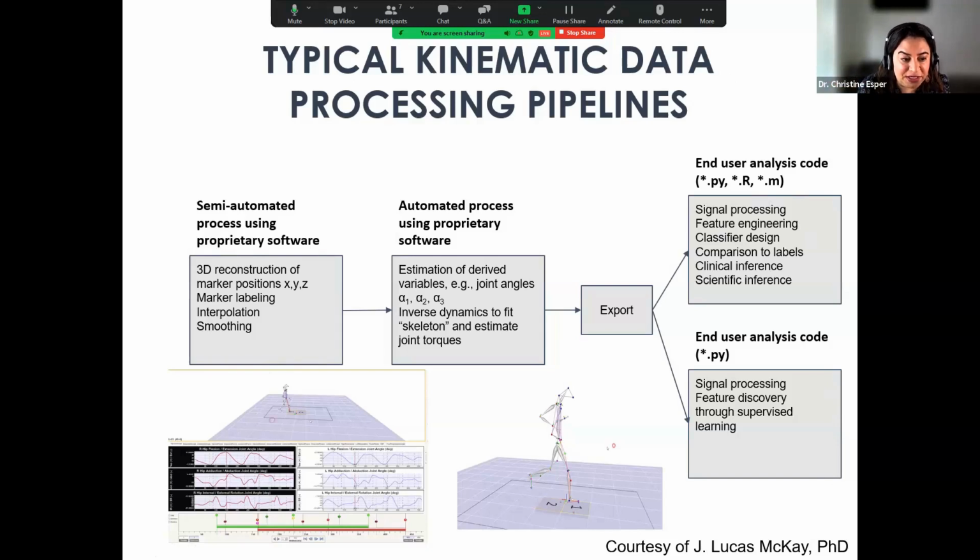We smooth out the data if anything has been missing. Here are some pictures of what I'm referring to. Eventually, it develops a skeletal model and joint angles. And then the data is exported to some type of code. In our particular lab, we have a MATLAB code that processes all of that data. And eventually we have output, which is the information that we provide as part of the clinical report.